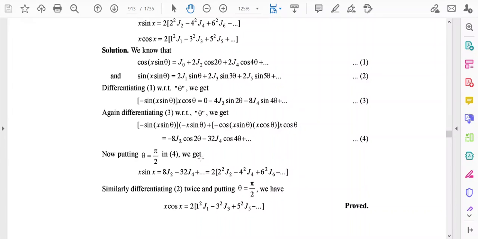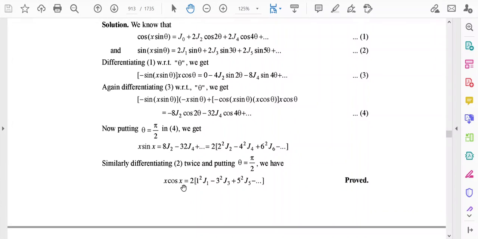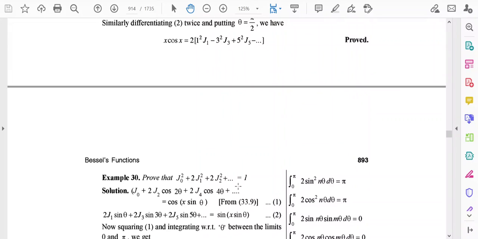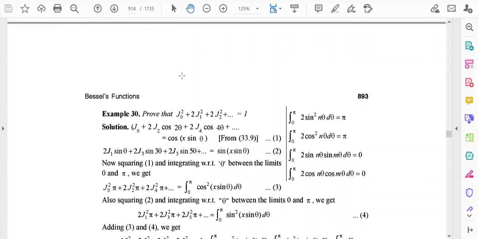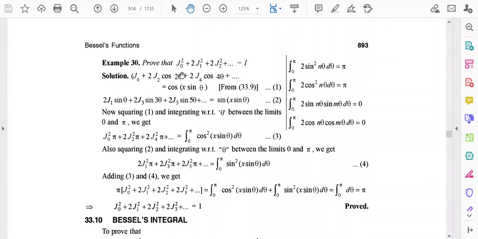Then by the similar process you can show that x cos x is equal to 2 into (1 square J1 minus 3 square J3 plus 5 square J5), and so on. So in this way we can derive those equations.